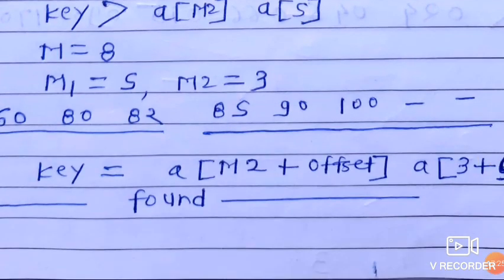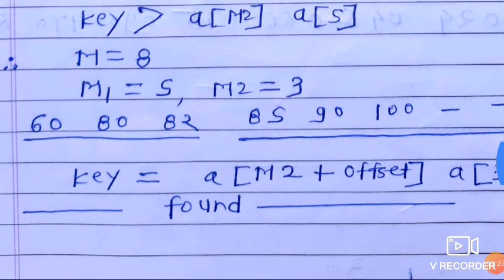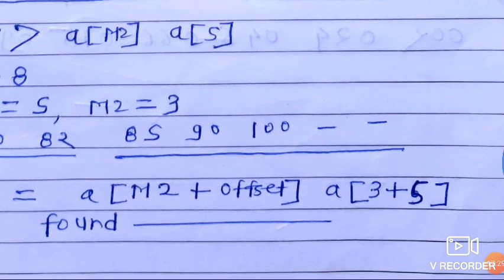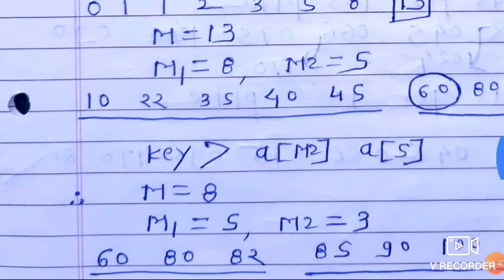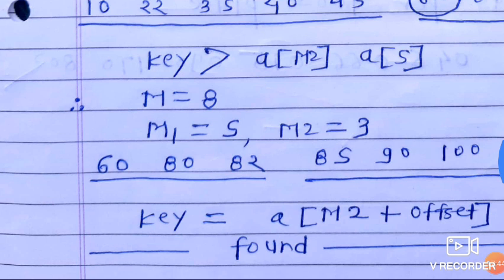Therefore we compare key with a of 3 plus 5, where 3 is the value of m2 and 5 is the offset. So a of 8 is nothing but 85. Key is 85. Yes, both are equal, therefore we can say key is found.